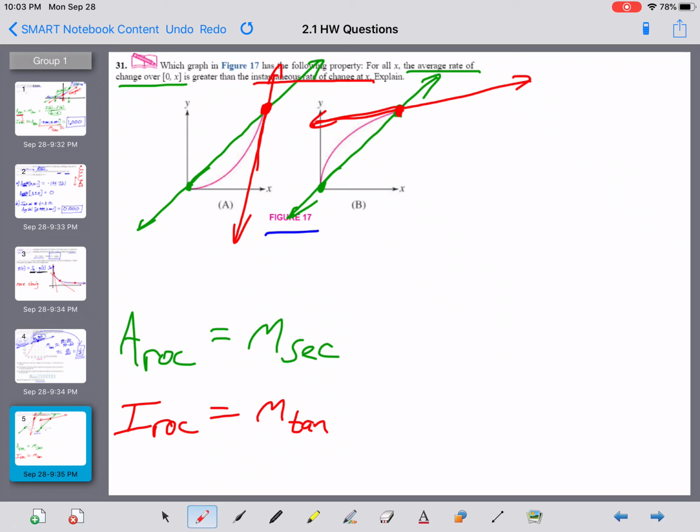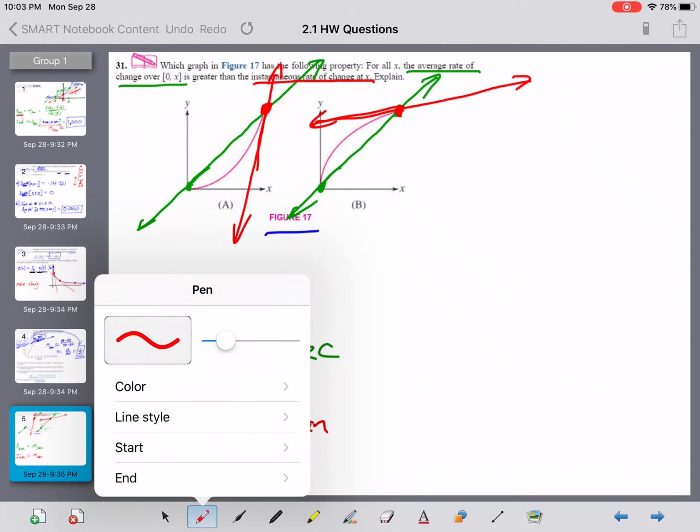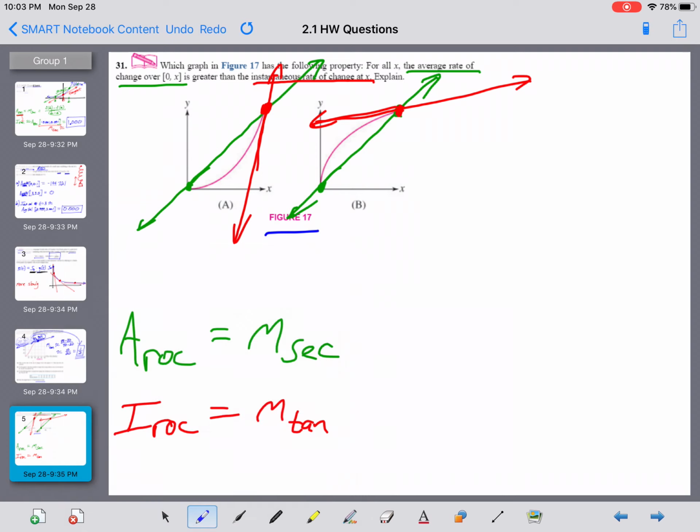So let's read this question again, because I've kind of already forgotten what they were asking us. Which graph in figure 17 has the property that, for all x, the average rate of change over 0 to x is greater than the instantaneous rate of change? We want average rate of change to be greater than the instantaneous rate of change.